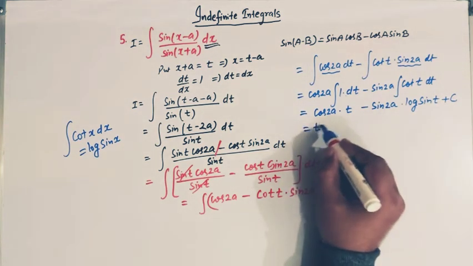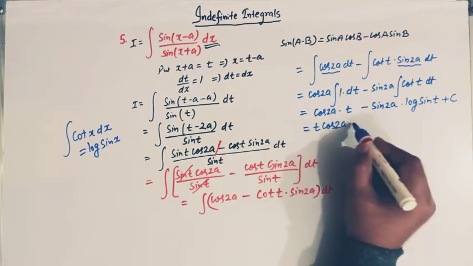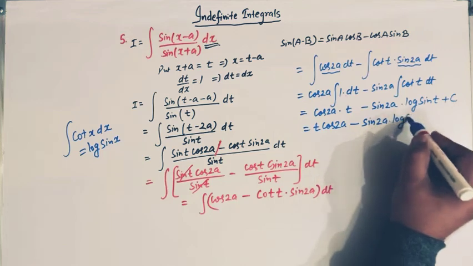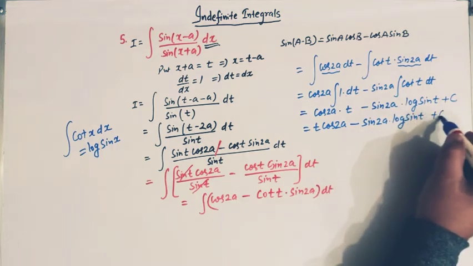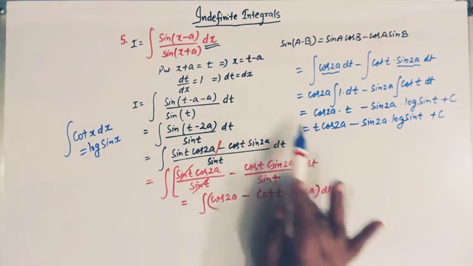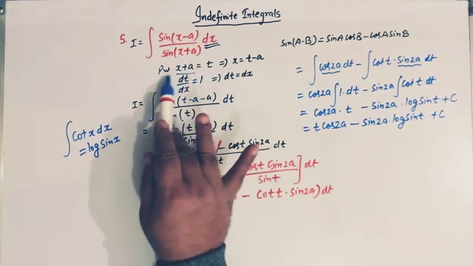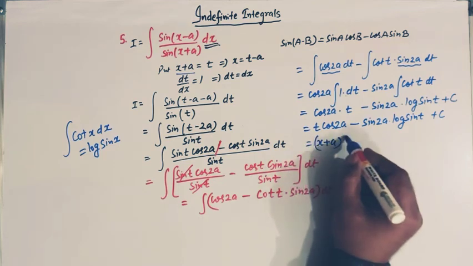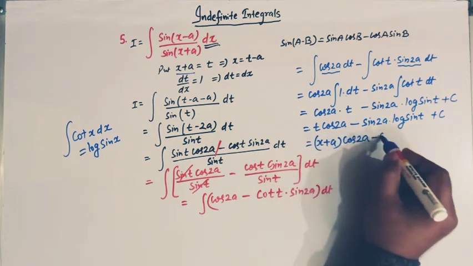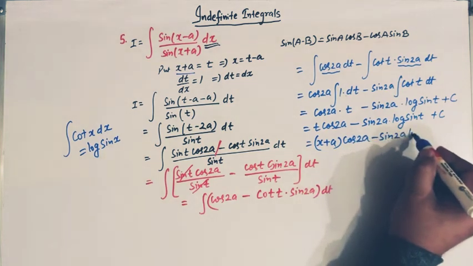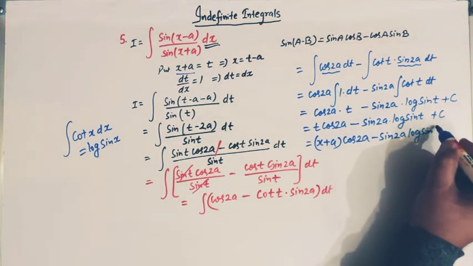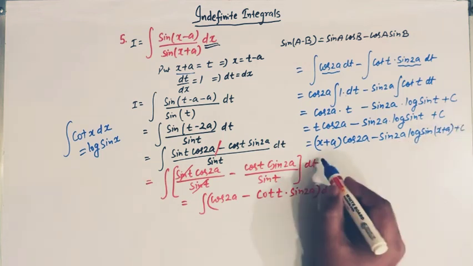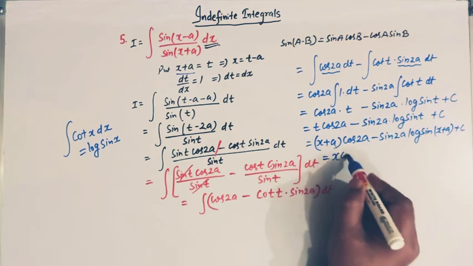So we can write t cos 2a minus sine 2a log sine t plus c. And now resubstituting the value of t as x plus a, we can write it as x plus a times cos 2a minus sine 2a log of sine of x plus a, plus c.